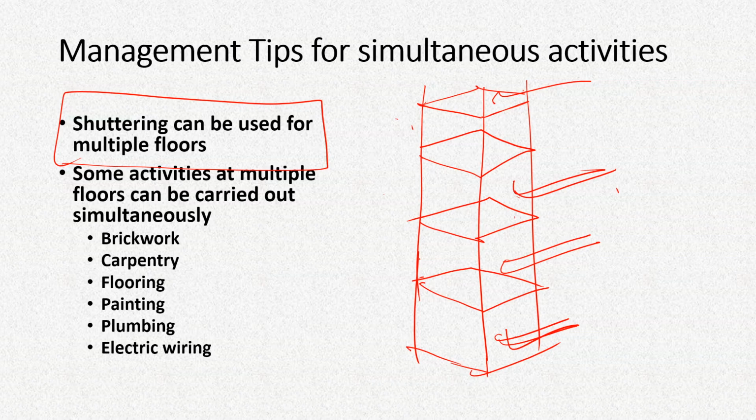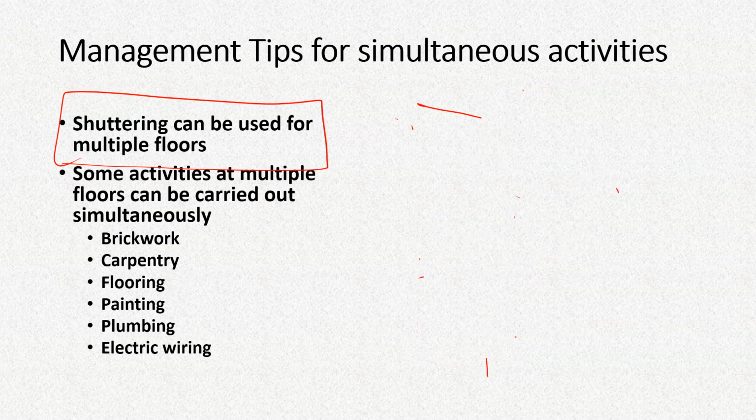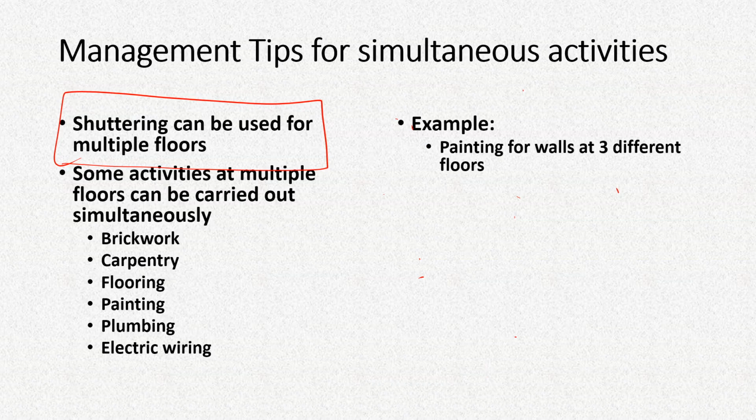But just because we can do it like this doesn't always mean that we should do it like this, because of some management difficulties. For example, painting walls at 3 different floors is a simple job. You only have to deal with one type of laborers, the painters, so it is easy to manage.